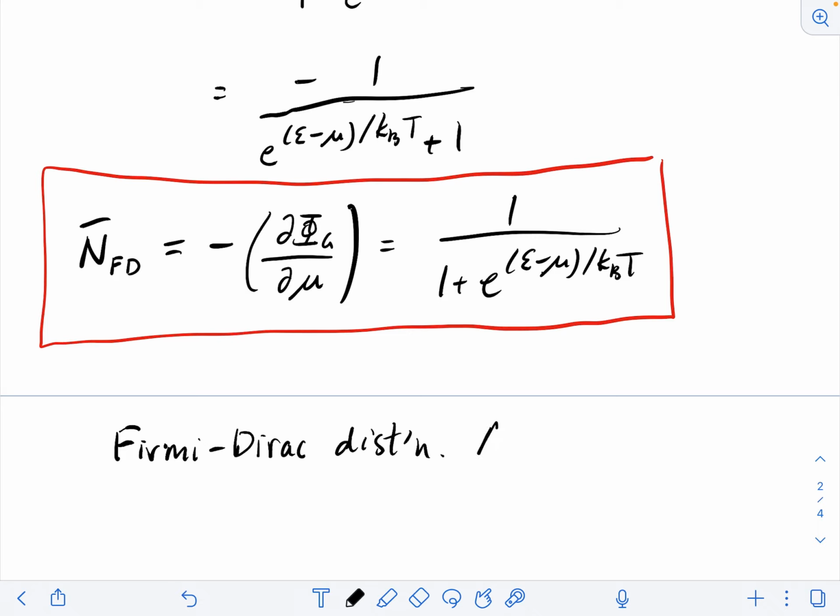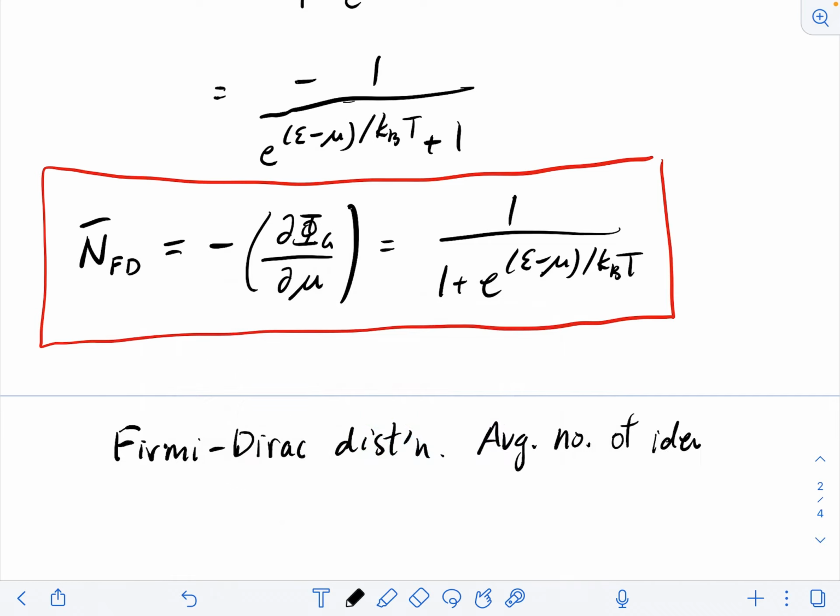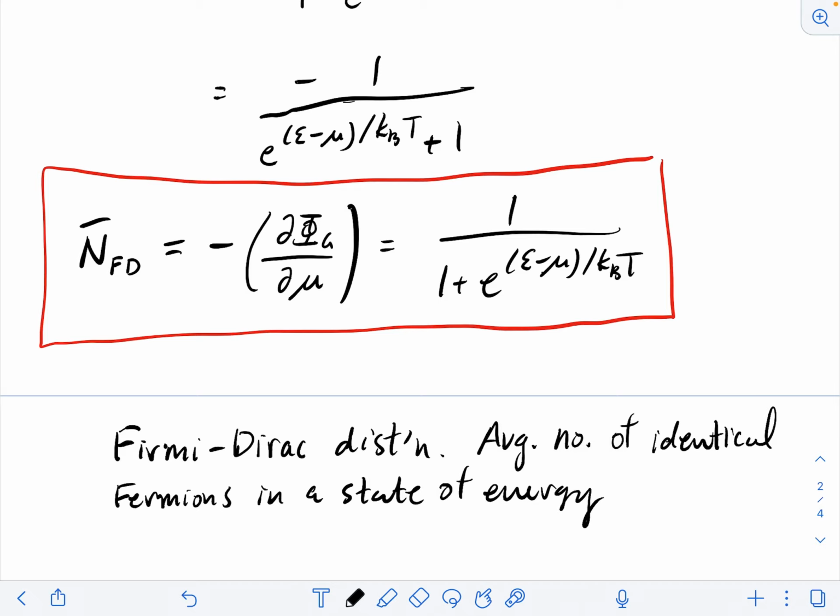It tells us the average number of identical fermions in a state of energy epsilon at temperature T. And so if you have, say, for example, spin 1/2 fermions, you could have one spin up and one spin down in each state.